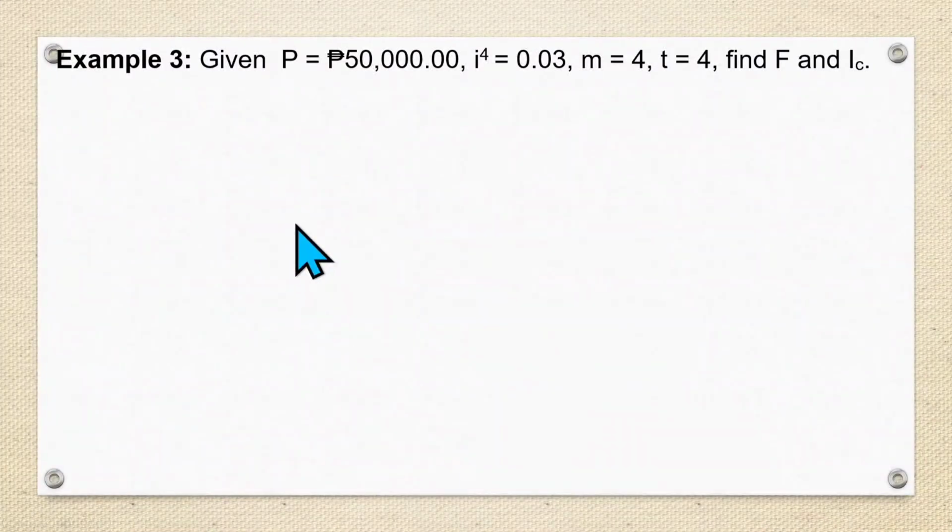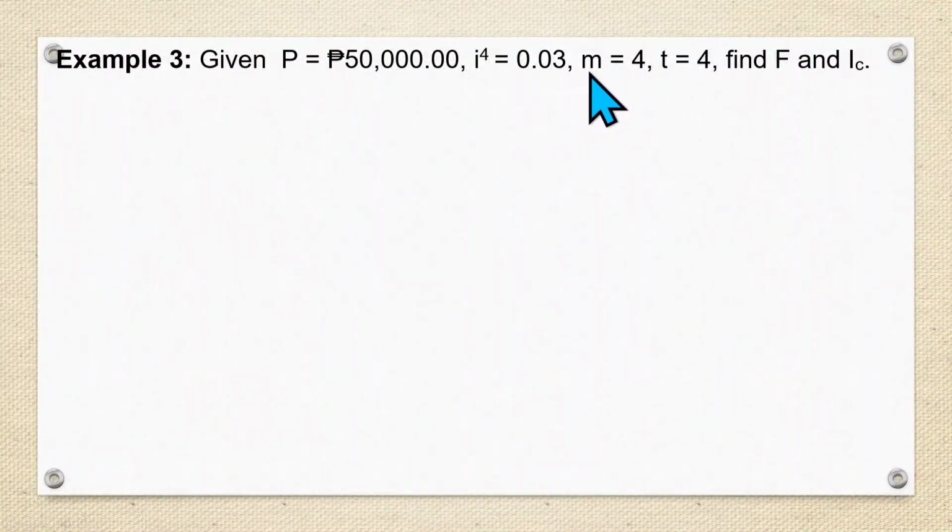Okay? So let's have an example. Given is 50,000 pesos for the principal or the present value. I4 is equal to 0.03. m is equal to 4. t is equal to 4. Find the future value and the compound interest.